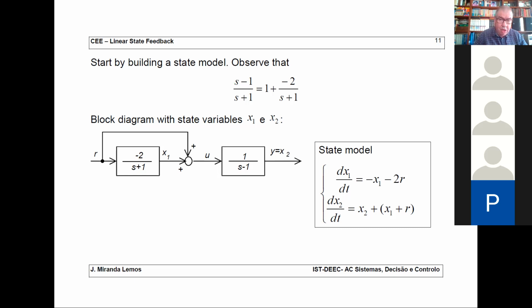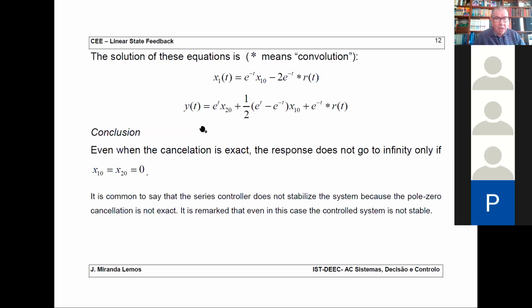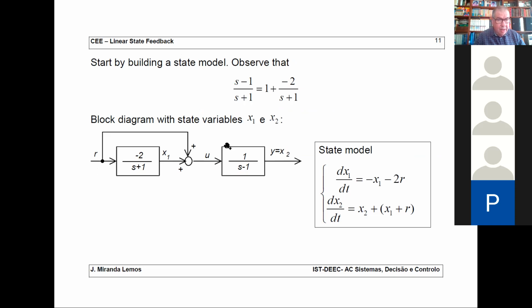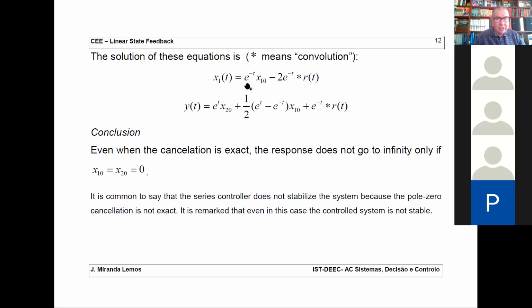So if you apply that formula, remember the formula of variation of constants that we studied in the last course, what we have is x1, remember, is this variable here. x1 is a negative exponential times the initial condition minus a negative exponential convolved with the input.